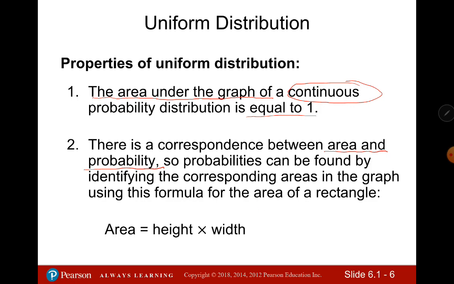We can just find the area under the curve. For the uniform distribution, the area is just a rectangle. So how can we get the area of a rectangle? We only need to use this formula, height times the width, right? So if we know the area, it's just the probability. We will check the example to help us understand.